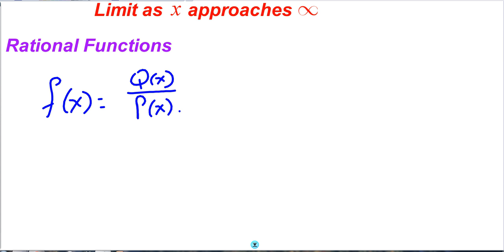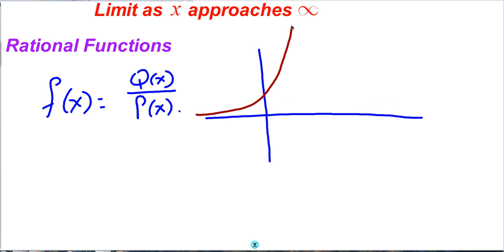And if you still cannot find the limit as x approaches infinity, draw the graph and you will see how the graph looks. For instance, if I have a graph that looks something like this, the graph of 2 raised to the power x.